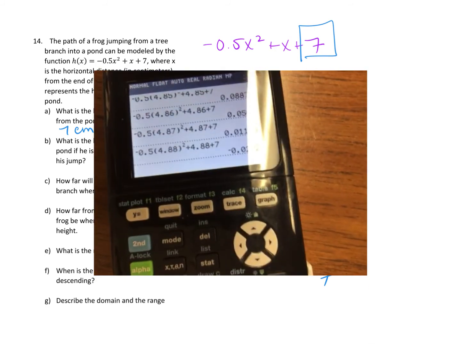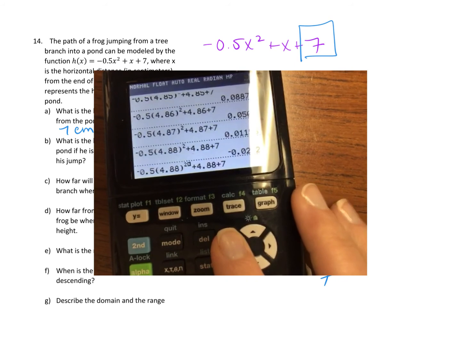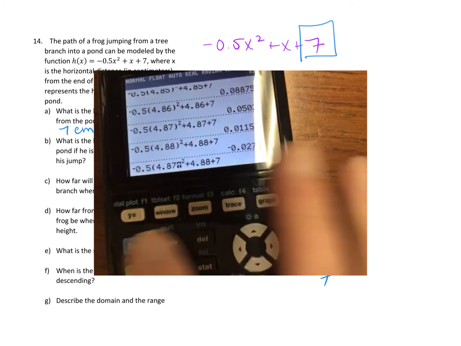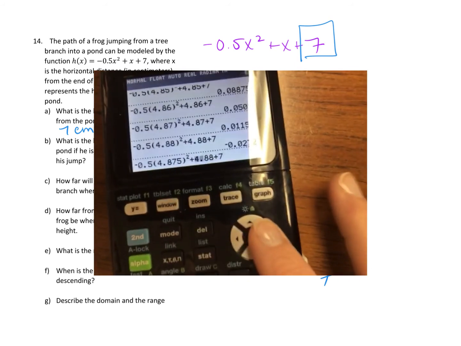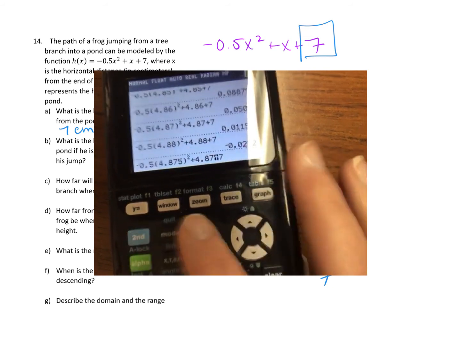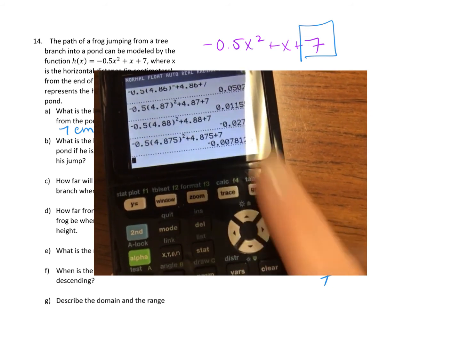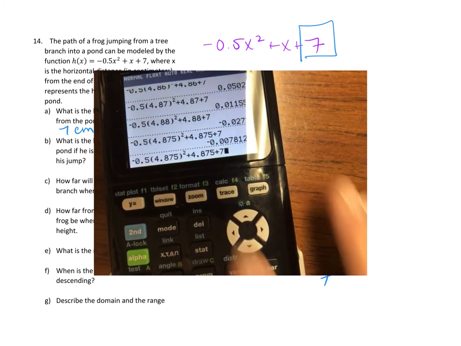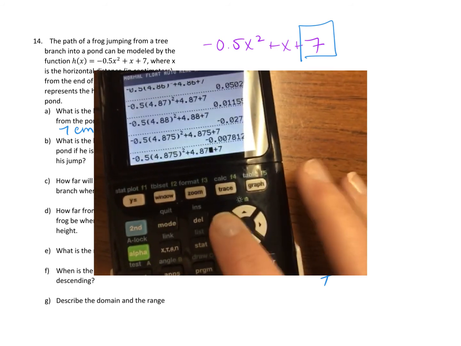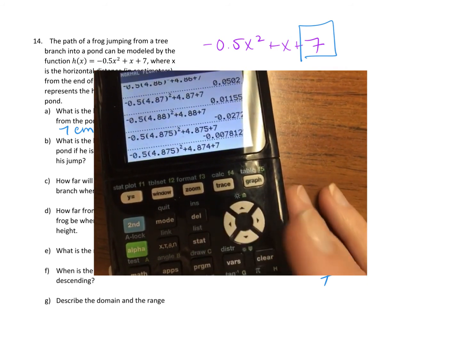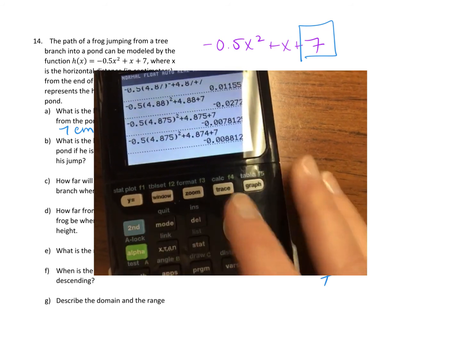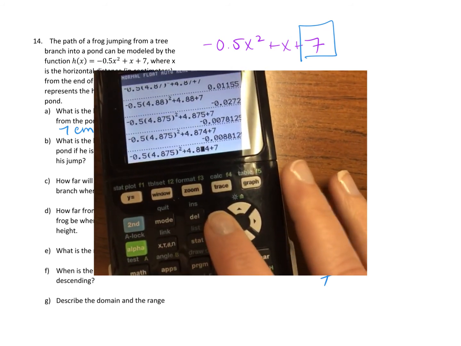If I want to keep getting more accurate, I just keep adding decimal places. 4.87, insert my 5. Let's just do this last one. See what we get. That one's negative. I can't leave it alone. Got to get closer. Change that to a 4. Oops, I forgot to change that second 4.